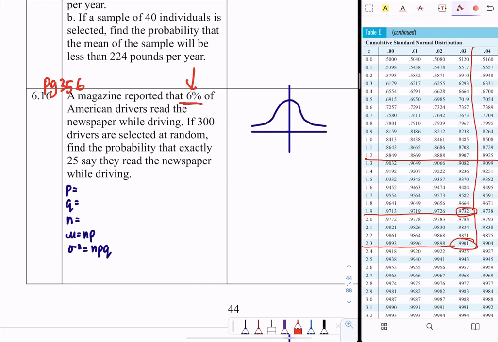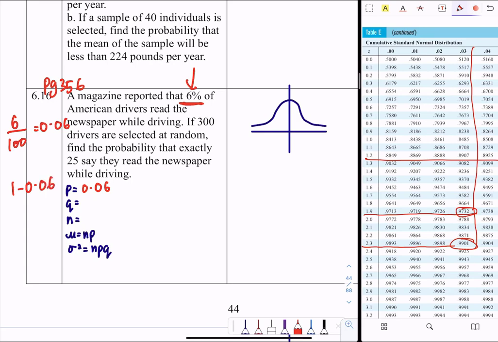Number of success here, the p is 6%, 6 over 100, then we convert it to decimal, 0.06. The q, we do 1 minus 0.06.